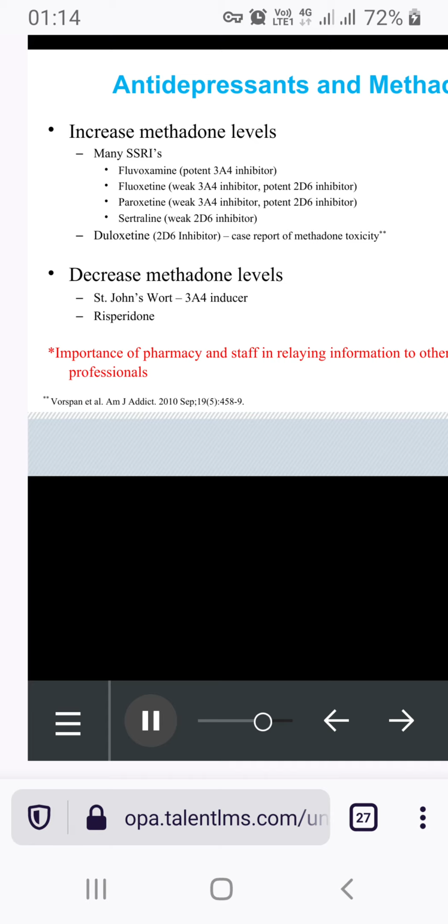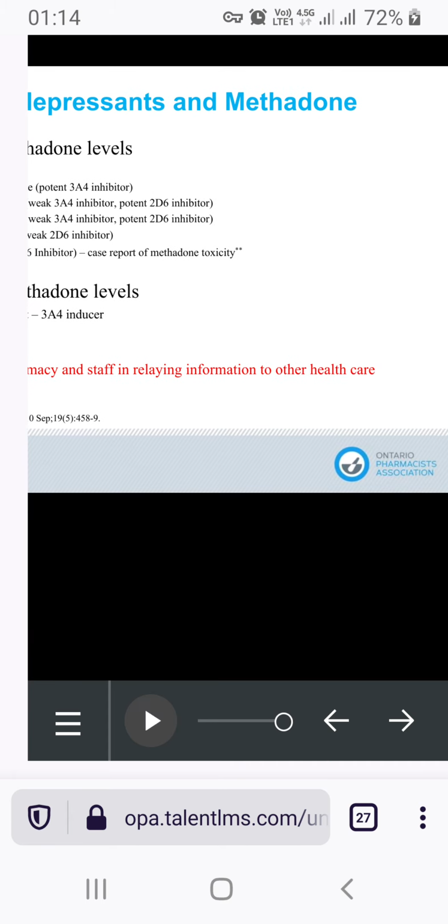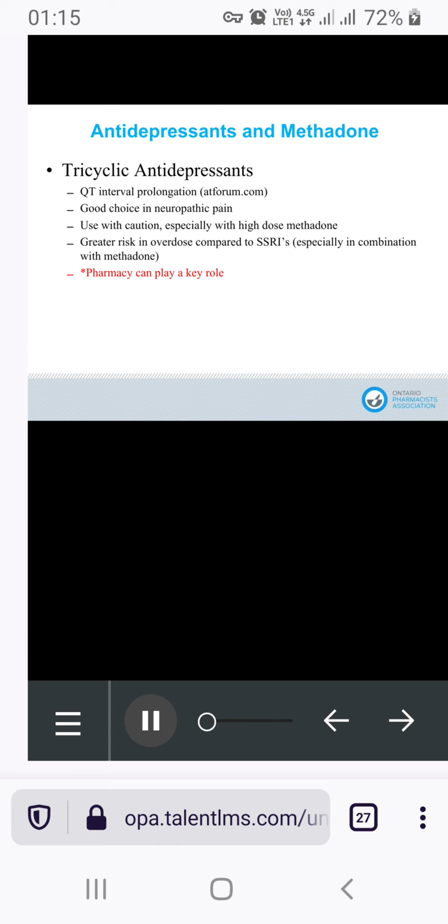Decreased methadone level with St. John's wort, a 3A4 inducer, and risperidone. Importance of pharmacy and staff in relaying information to other healthcare providers.